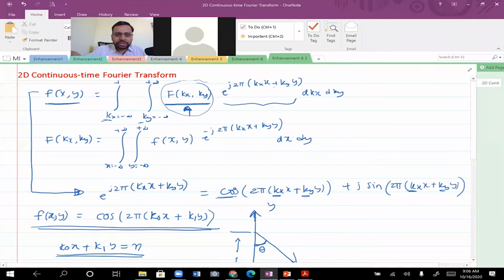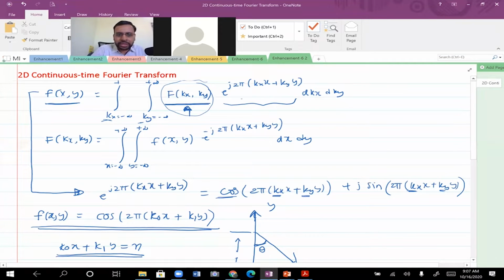That value is 1 by 2 there, is it not? Because that multiplication factor is there. If you substitute here, this would be equal to 1 by 2 times e power j 2 pi into (k naught x plus k1 y) plus e power minus j times 2 pi of (k naught x plus k1 y). That gives you 2 times cos, as the half and half get cancelled. Since you have cosine, you have linear combinations of sines and cosines.